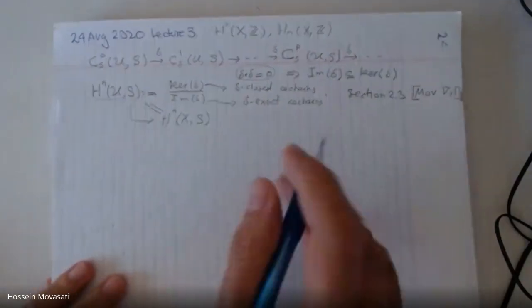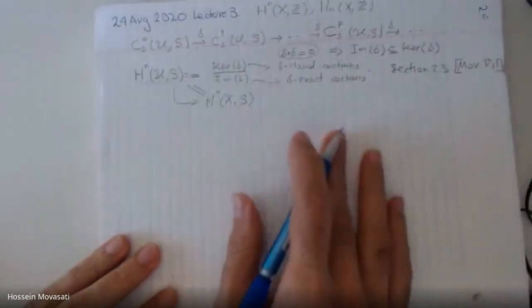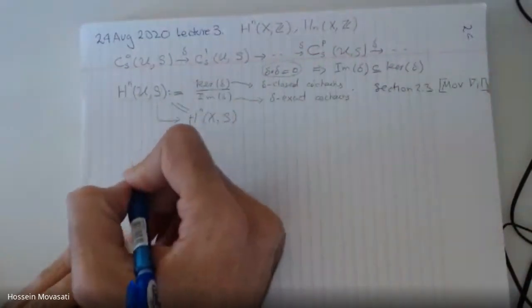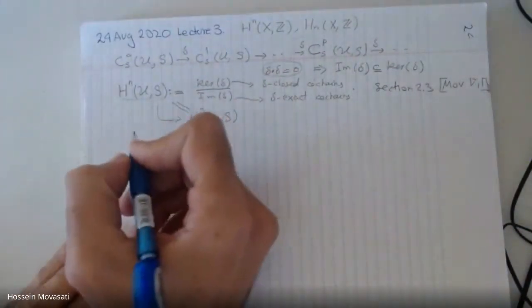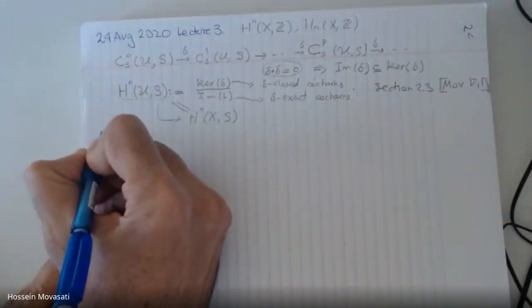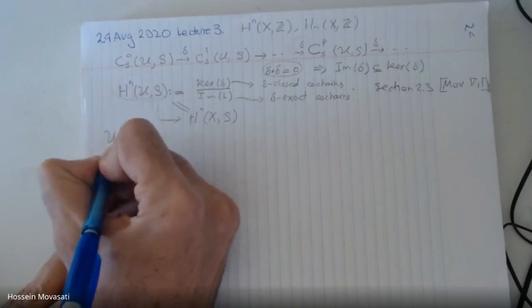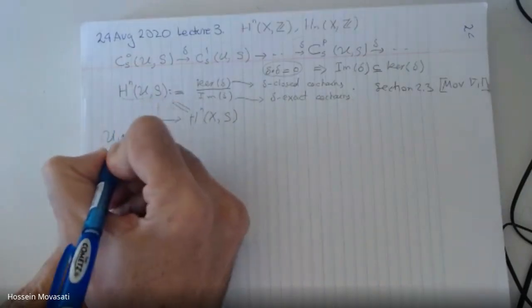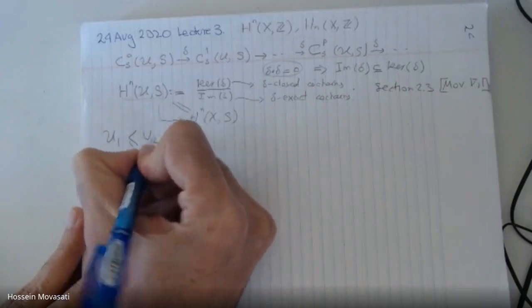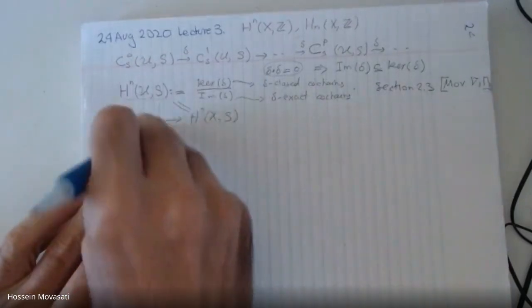So let's just stop sharing. Okay, back to my handwritten paper. So I have U1, a refinement of U2.